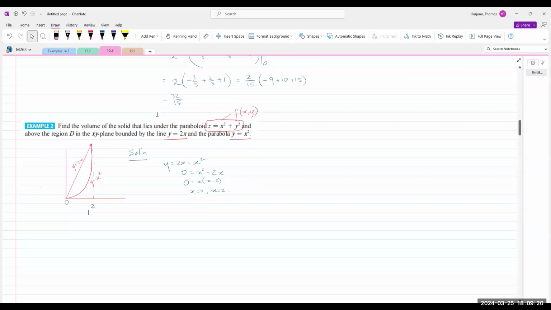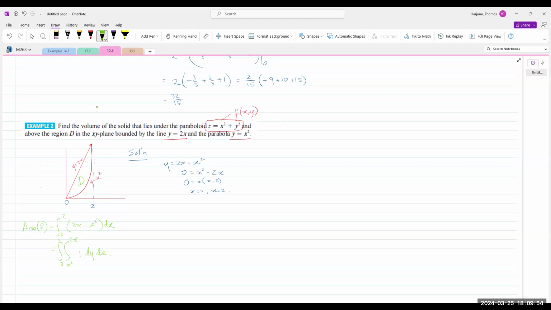Okay, now the area of D is the integral from 0 to 2 of the top function 2x minus the bottom function x squared dx, right? If we rewrite that as a double integral, that's the integral from 0 to 2 of the integral from x squared to 2x of 1 dy dx. Are you with me?